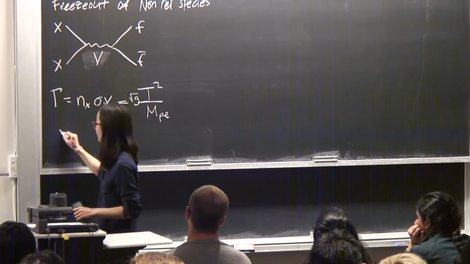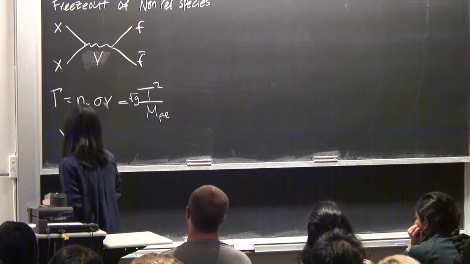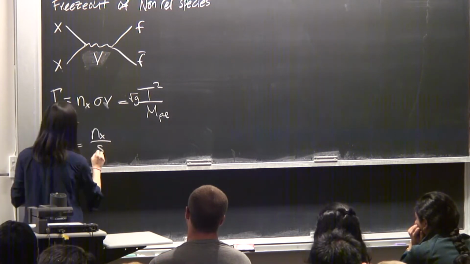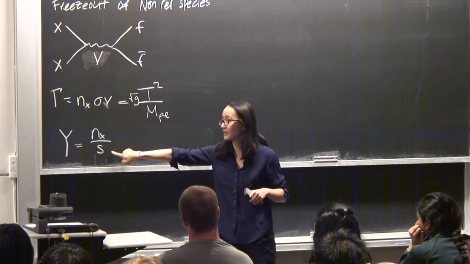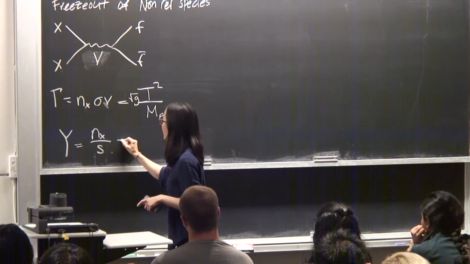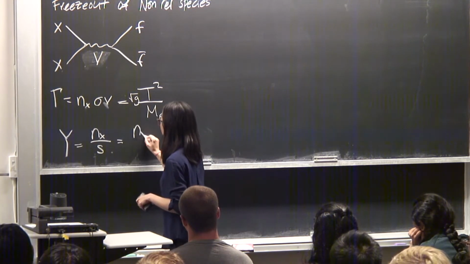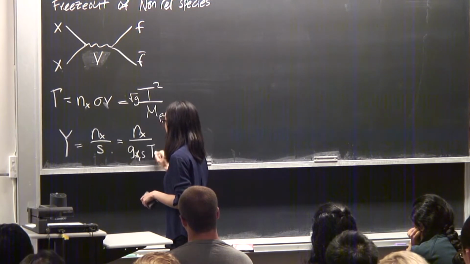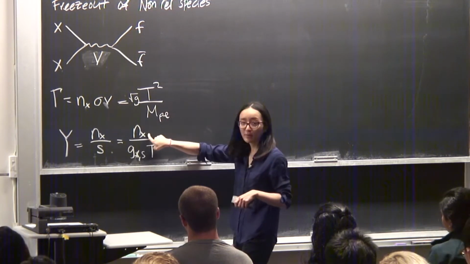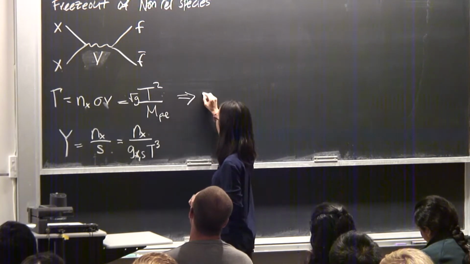The next thing I use is that this comoving quantity, Y, can be written as just the number density at freeze-out over the entropy density. And the entropy density is known, so it's going to be something like this. And the number density can be written in terms of the cross section using the first relation.